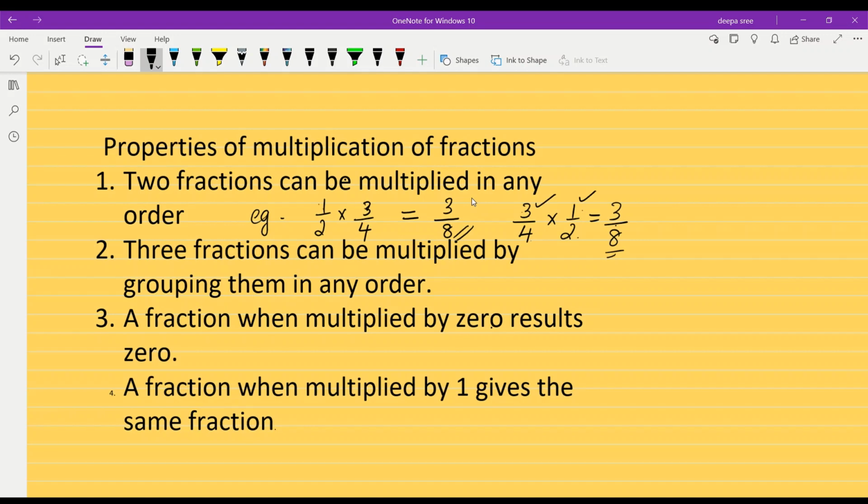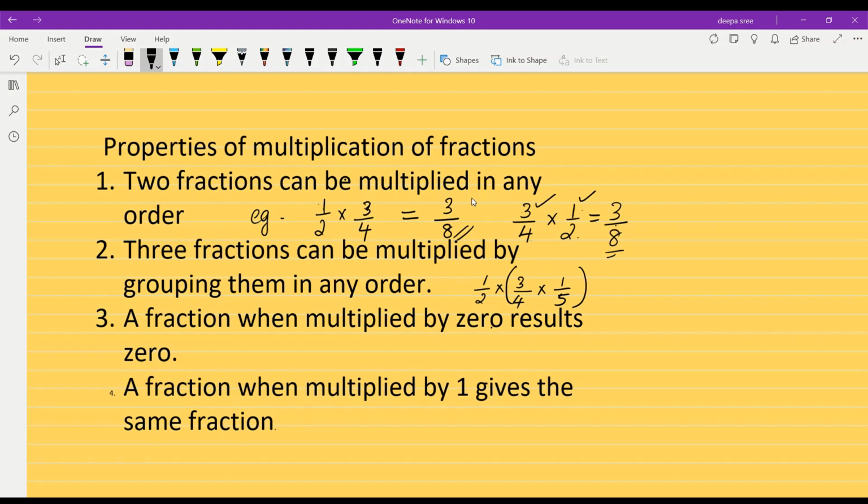Second one, three fractions can be multiplied by grouping them in any order. The question is 1 by 2 into 3 by 4 into 1 by 5. Three fractions are there. So first I am taking the last two fractions.